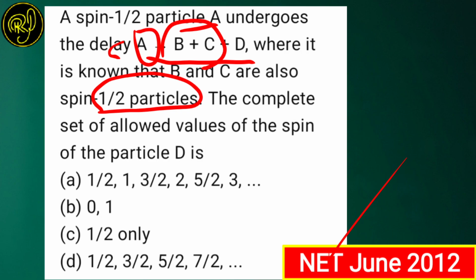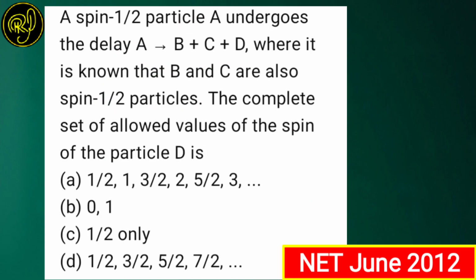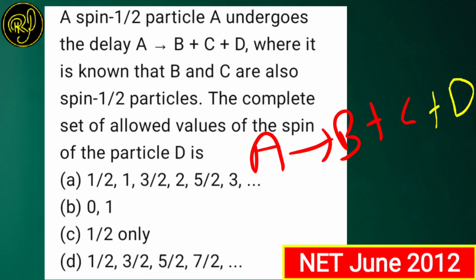The next part says the complete set of allowed values of the spin of the particle D is these options, right? Means there is a reaction. In this reaction, a particle A, that is a spin half particle, is getting converted to B plus C, and another particle is D. So A is getting converted to B plus C plus D. Here it is known that the spin of A is half, spin of B is half, spin of C is half.